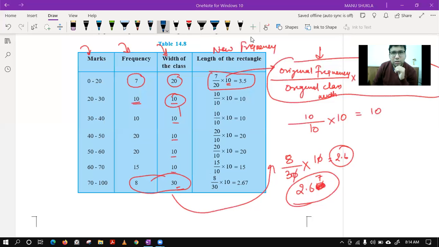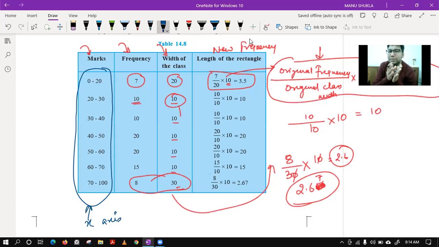These are the values of x only, but they are in range class. These values come on the x-axis, but they come as a range. So first is 0 to 20, you get a rectangular bar like this, then 20 to 30 you get like this, and so on. But for frequency polygon you need to find a single value for this complete class.